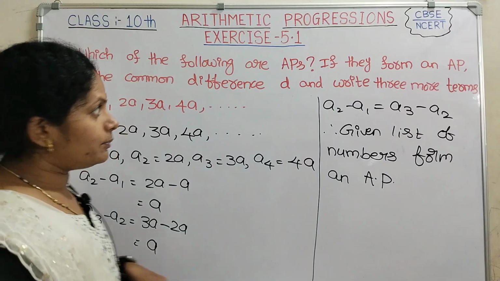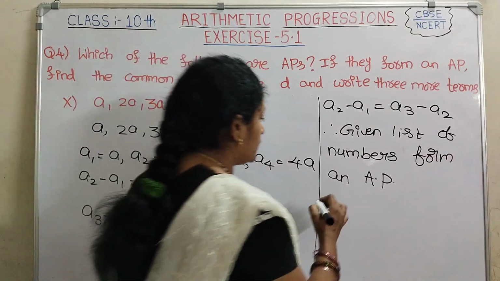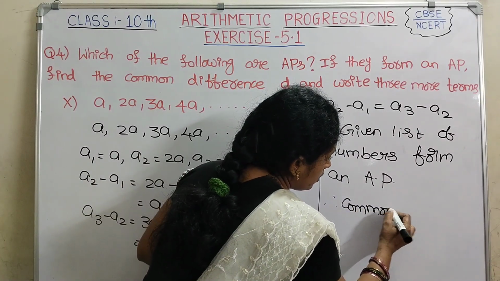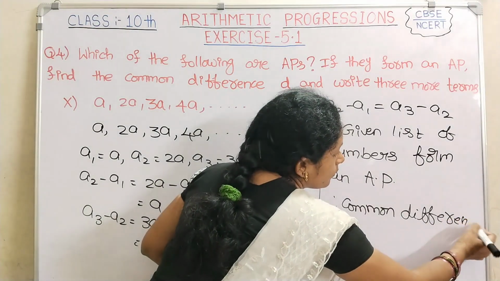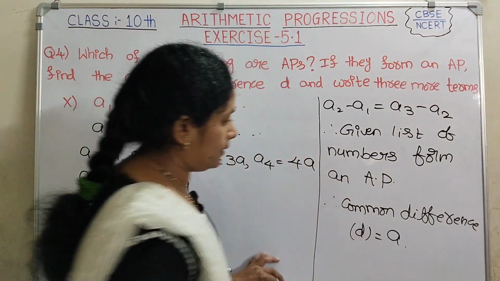If it forms an AP, first thing what we have to find? Common difference D. Therefore, the common difference D is equal to what? It is A.